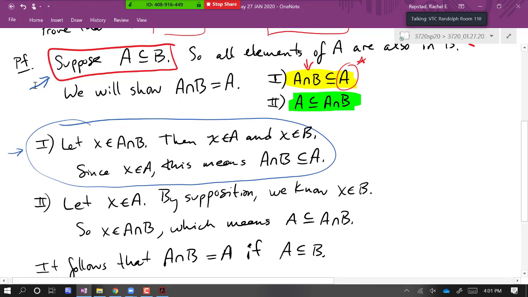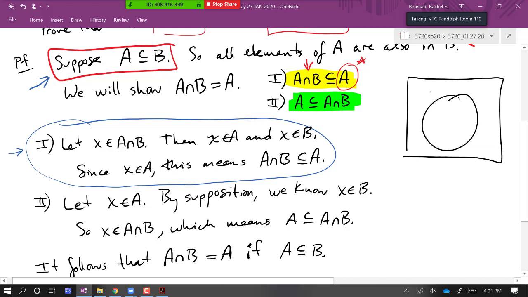When we're writing proofs, a Venn diagram is not a proof, but a Venn diagram can be a great way to start your thinking about proofs. So if I draw the Venn diagram that describes this problem, suppose A is a subset of B. If this is the B circle, A has to live entirely inside the B circle.